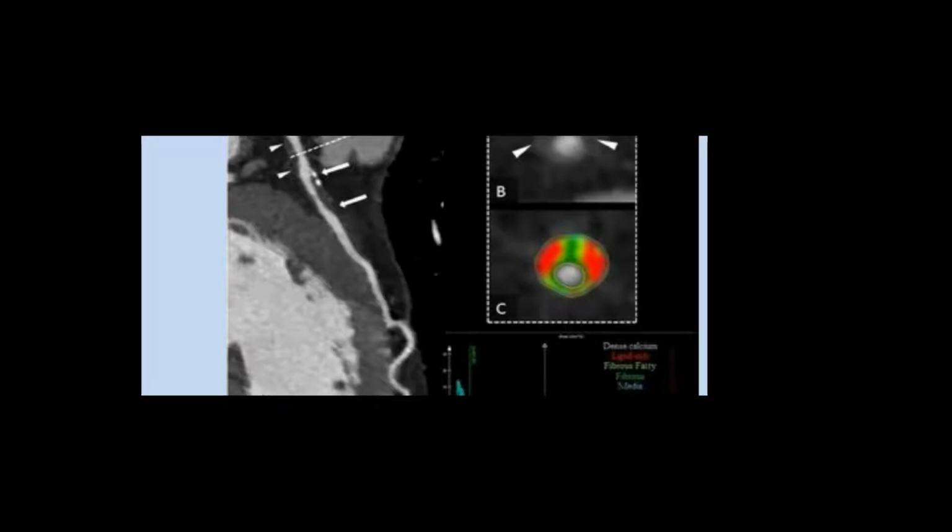So when it rules out, it tells you no atheroma is there. You are confident no atheroma is there. So the negative predictive value in cardiac CT is approaching 100%. But it might overestimate. That's why the positive predictive value is not as high. That's the problem. Great negative predictive value, but not as great positive predictive value.